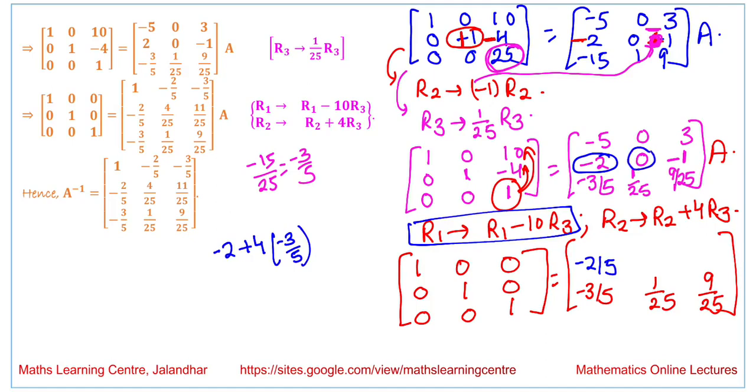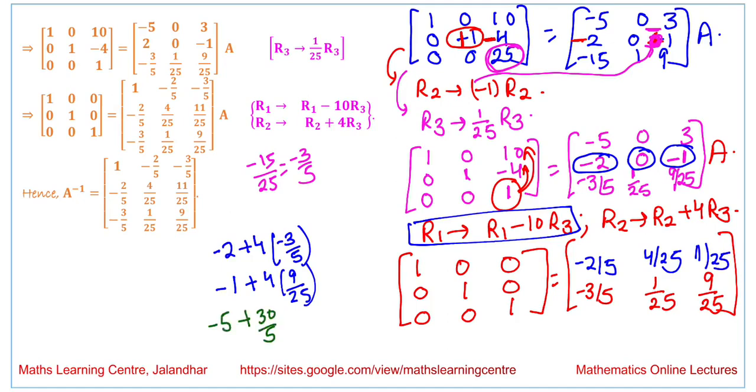Similarly, this next element will become 4 by 25. This next element will become minus 1 plus 4 into 9 by 25. The answer you will get is 11 by 25. Next, the first row is minus 5 plus 30 by 5, so the answer we get is 1.